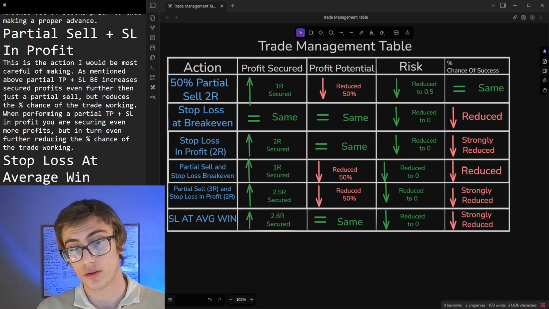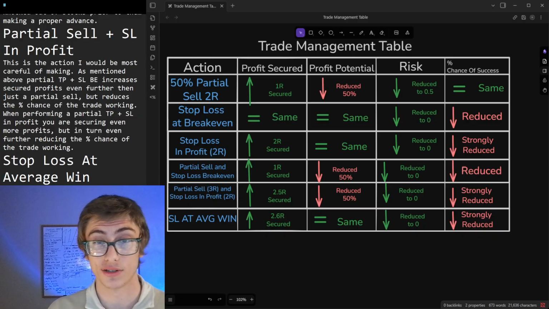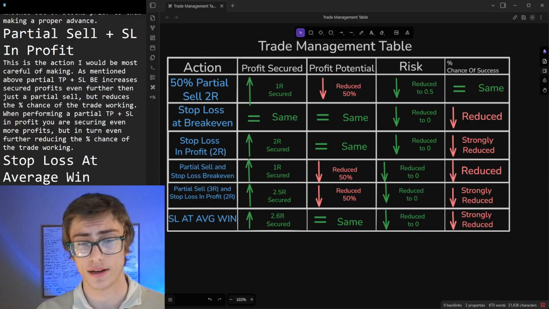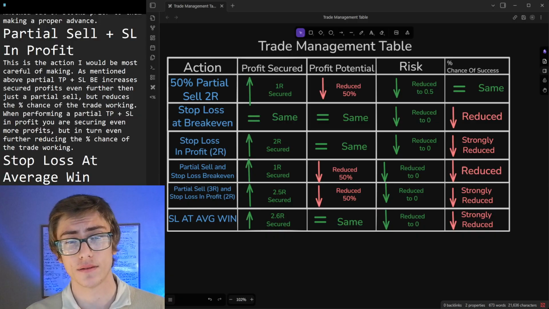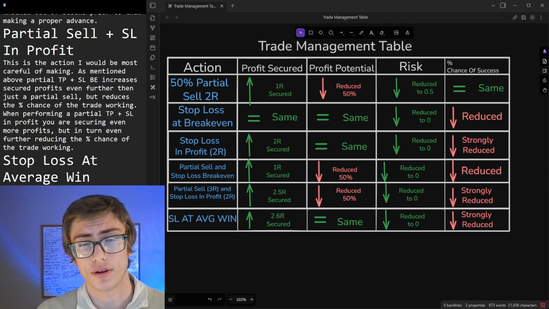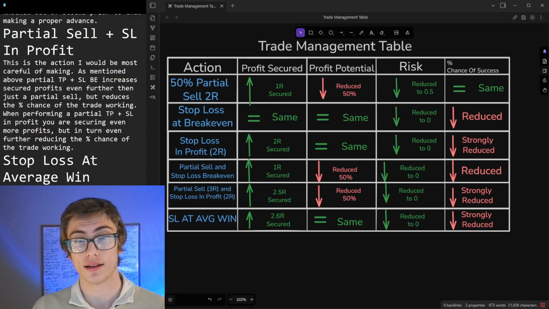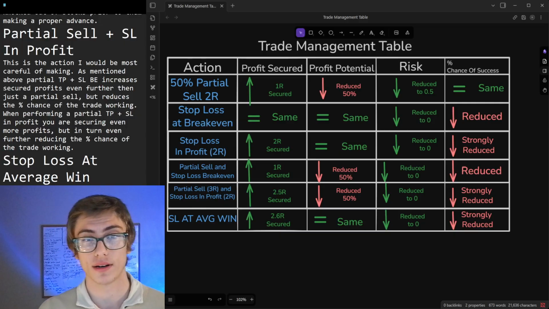So this is one of those actions that you're generally going to want to make only after the stock has made a crazy strong advance, right? A very meaningful strong advance to where even placing your stop loss in profit, you have strong wiggle room. And your partial sell has netted some strong secured profits, right?